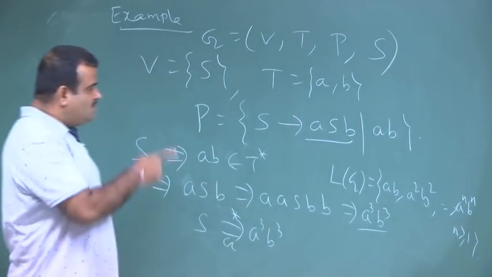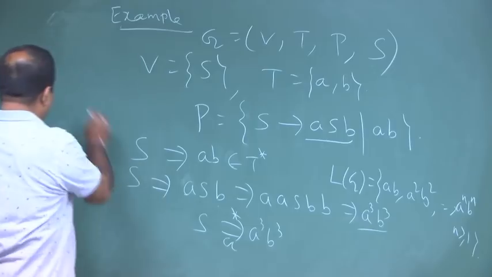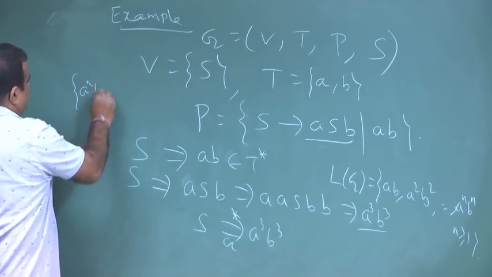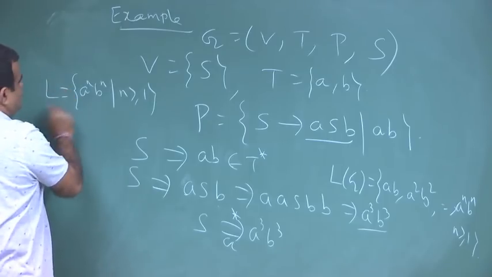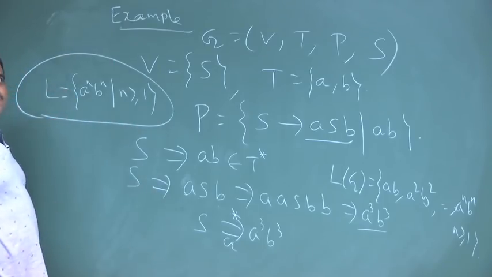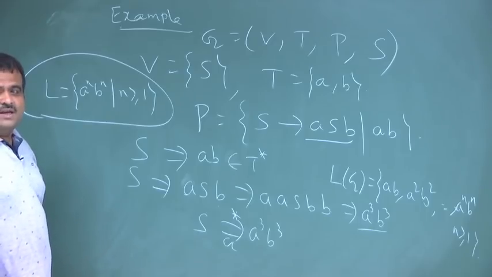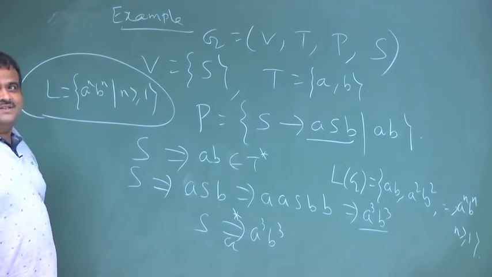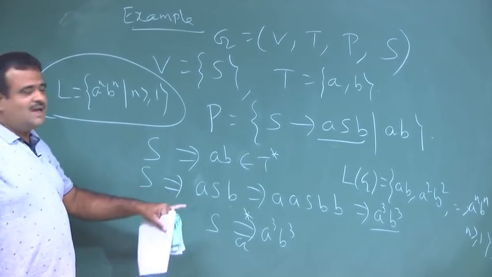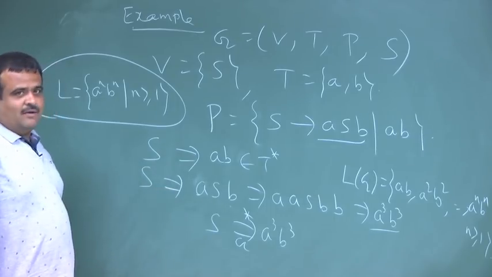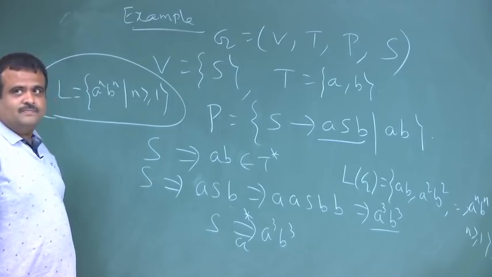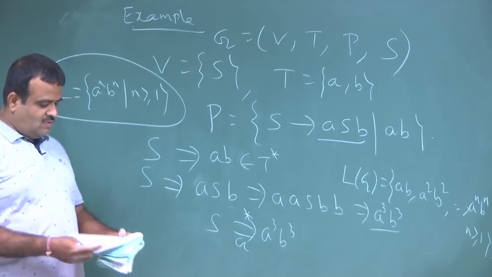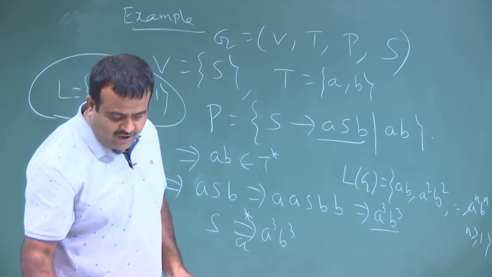You remember this language, a to the power n, b to the power n? We have seen this language earlier, and we have proved that it is not a regular language, but this language is a context free language. That means we have a context free grammar which is accepting this language.